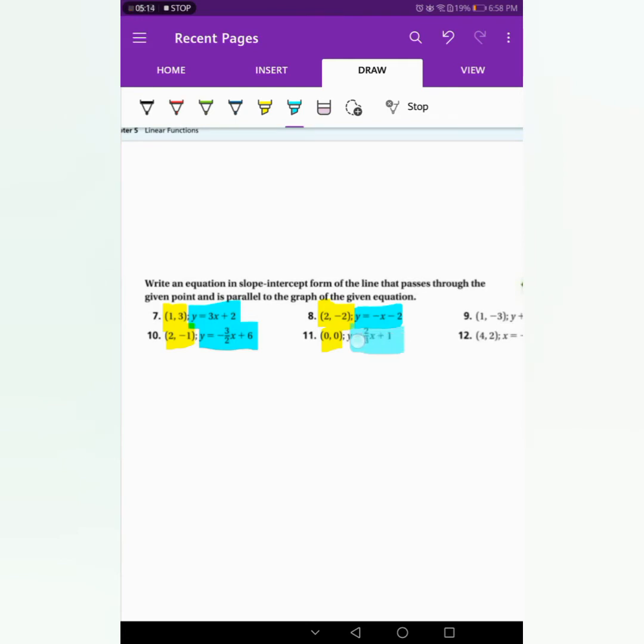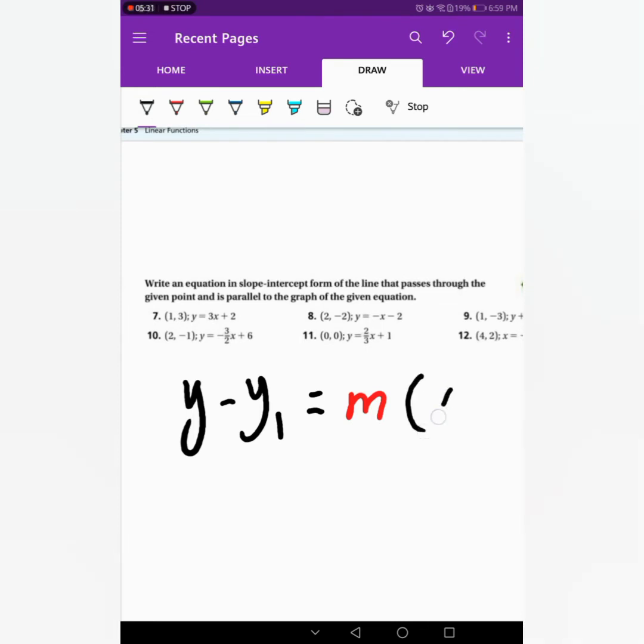In this case, go and write this form, point slope form: y minus y1 equals m multiplied by the difference of x and x1.